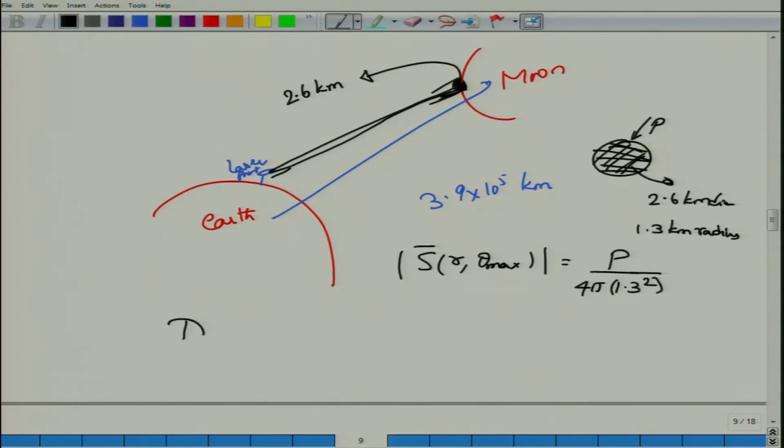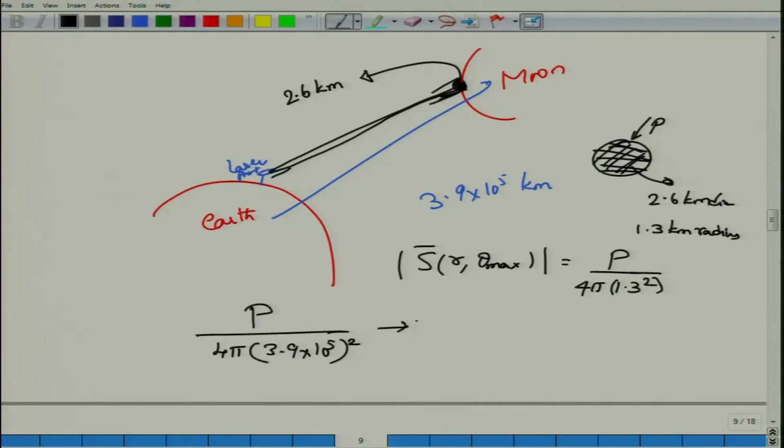Now the directivity of the antenna: if you think this power should have come from an isotropic radiator, let us do that. An isotropic radiator would have radiated the same power, but not over this spot size. It would have radiated over 4 pi r square, where r is the distance from earth to moon, so this would be 3.9 into 10 to the power 5 whole square.